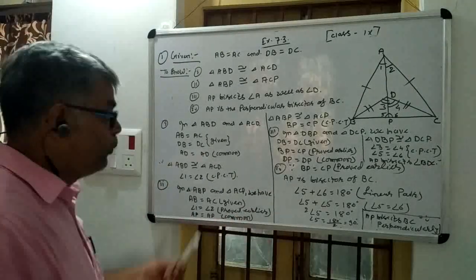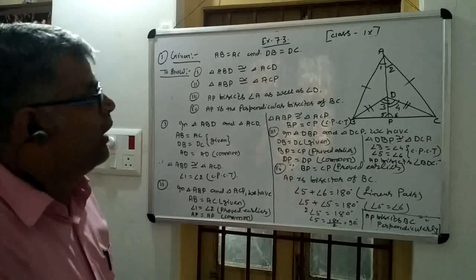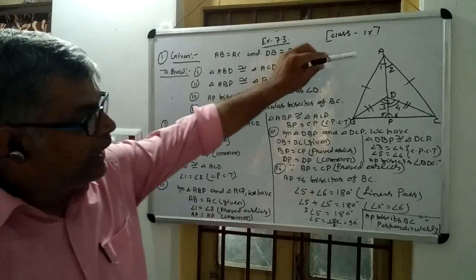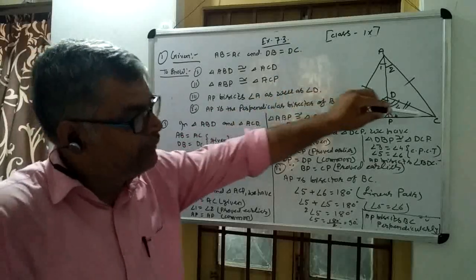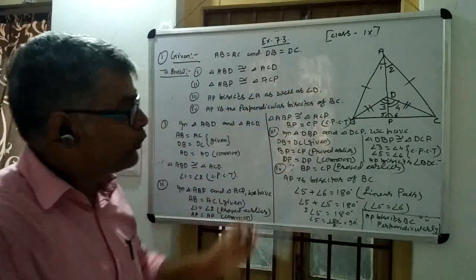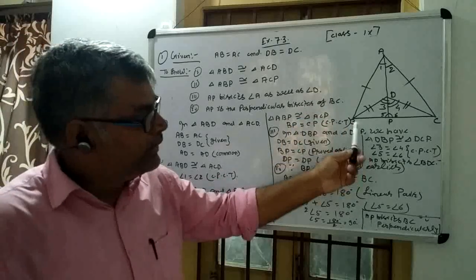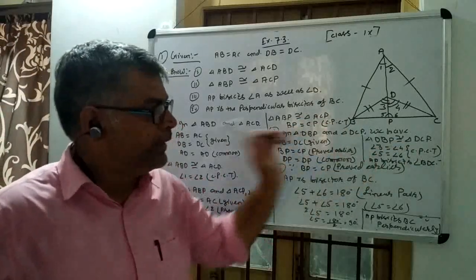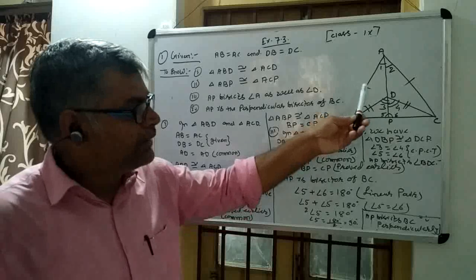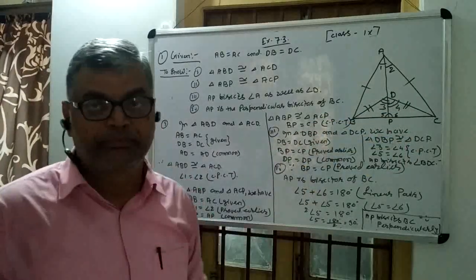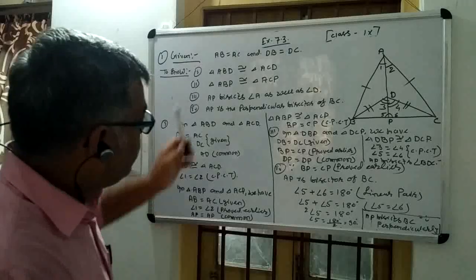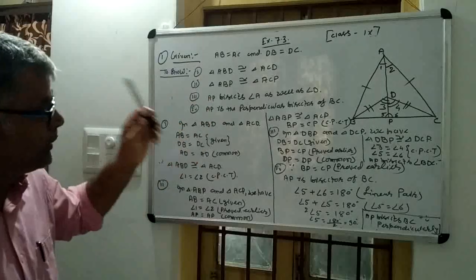Let's look at it once. In the question it is given that triangle ABC and triangle DBC are two isosceles triangles lying on the same base BC. It means that AB equals AC and DB equals DC. It is given. Now we need to prove these four parts.